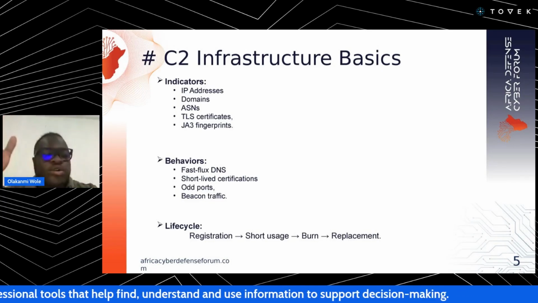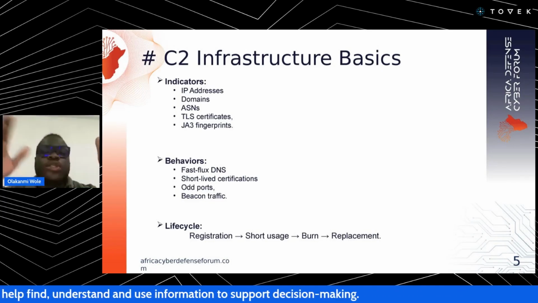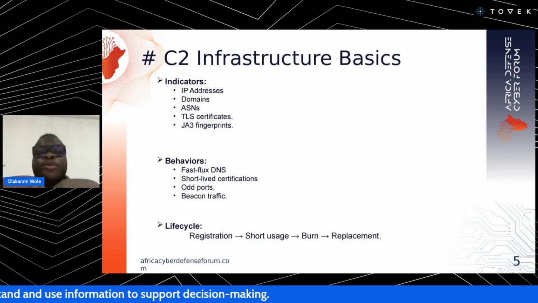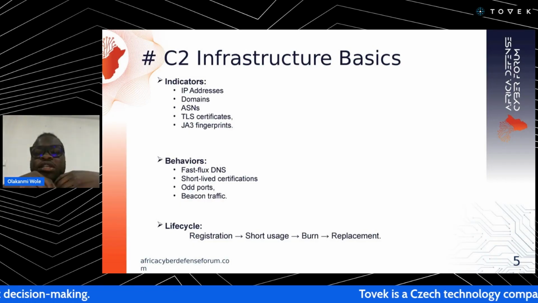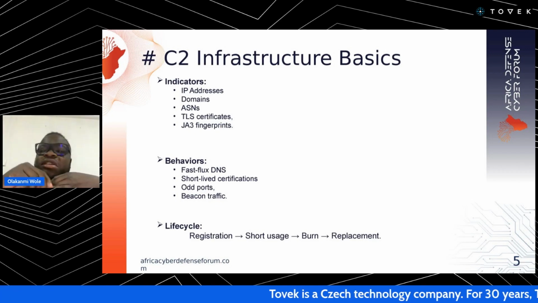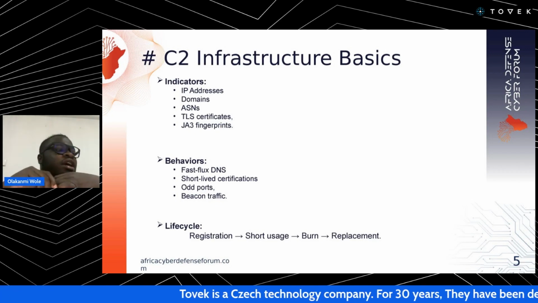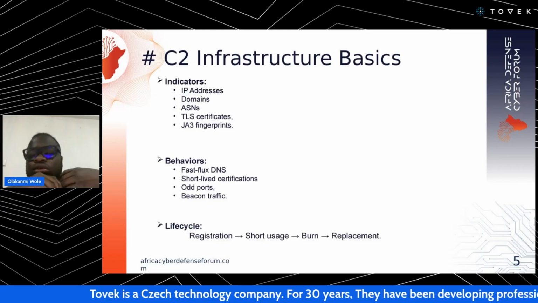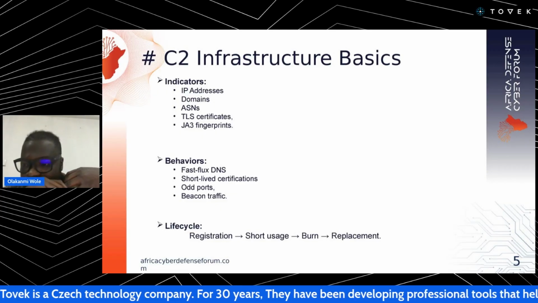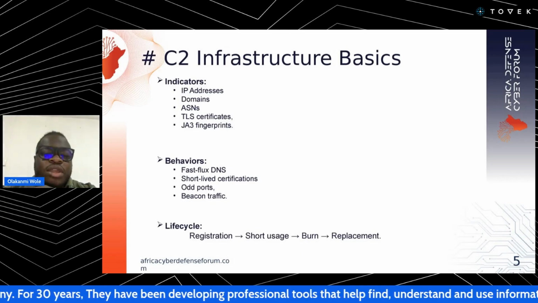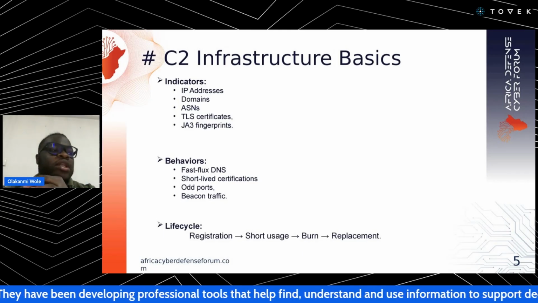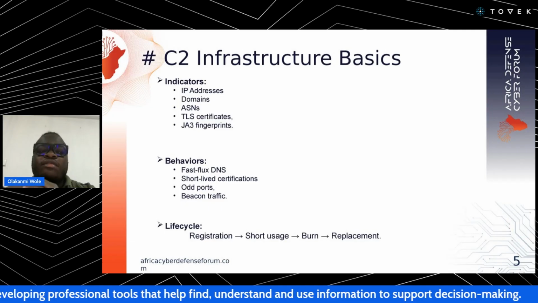Odd ports are also something that is very important to note. We see a lot of times, you won't see your standard ports being used. You could see things like port 5050, port 8000, port 3000, port 2000, 2050, and things like that, right? And aside from behavior, it's also important to identify life cycles, right?